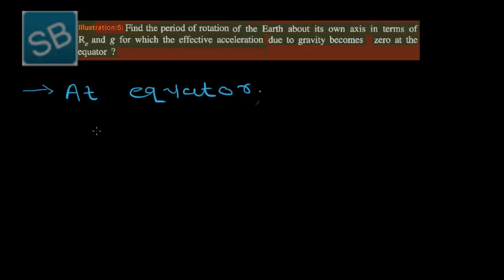The first property I consider over here is the latitude, that is lambda, because it is basically an angle, that is 0 degree.